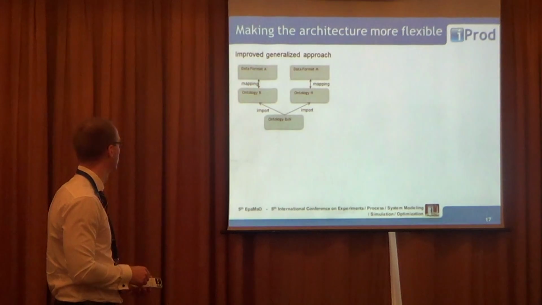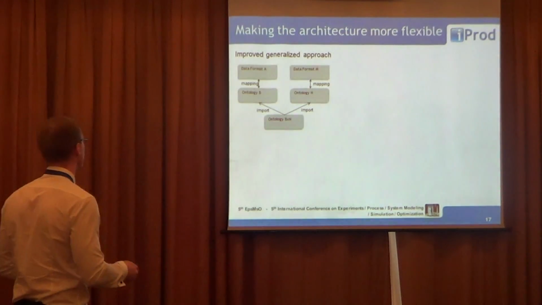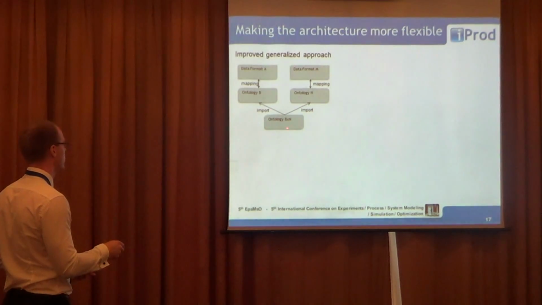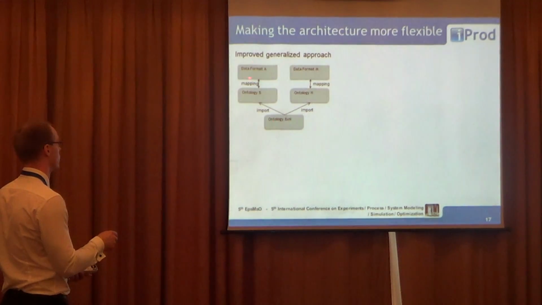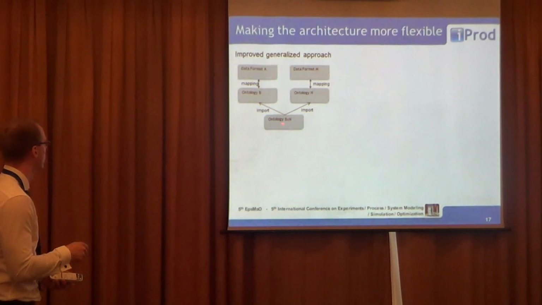So ideally, you would take a slightly different architecture approach. Instead of having only one ontology, you would create one ontology corresponding to that one external data format, and another ontology for the other, and integrate them here. Why?